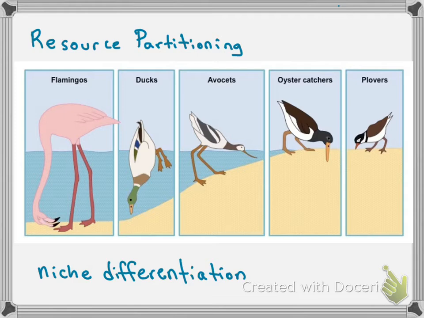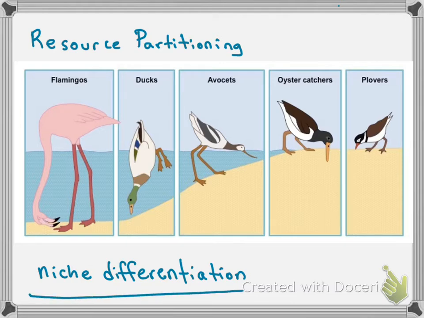We saw in the last slide two similar species cannot exist in the same ecological space if they compete for similar resources. So evolution by natural selection results in similar species using a different set of resources.